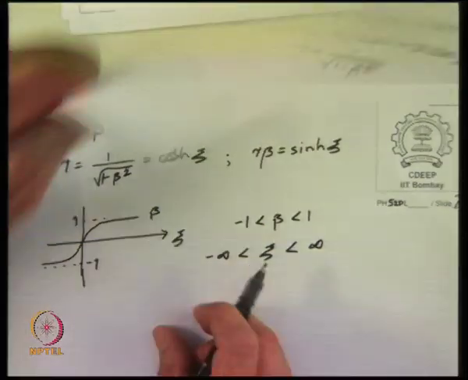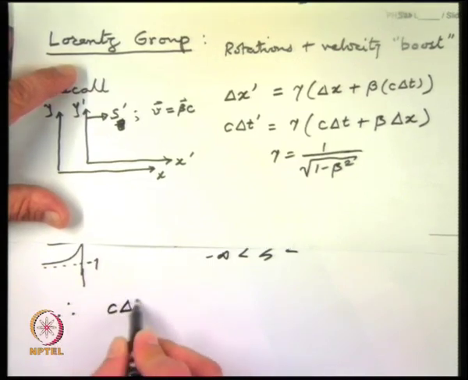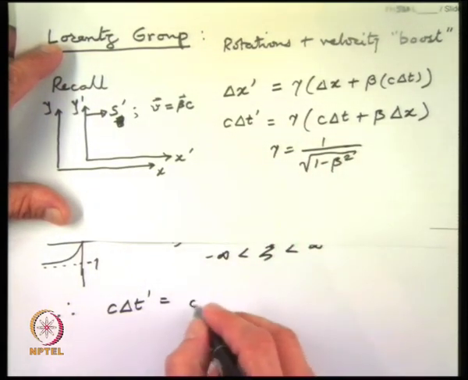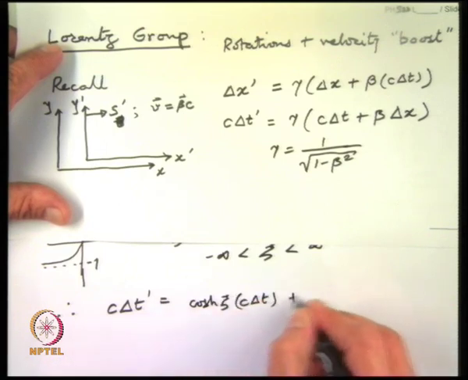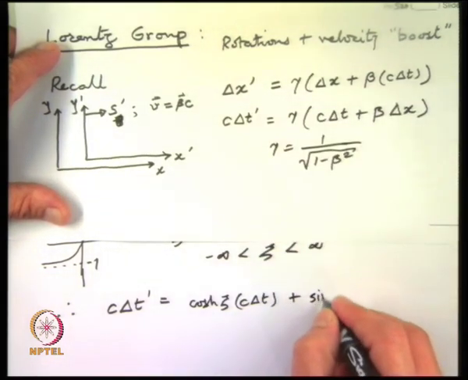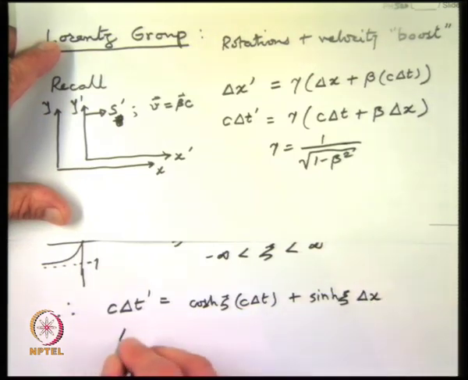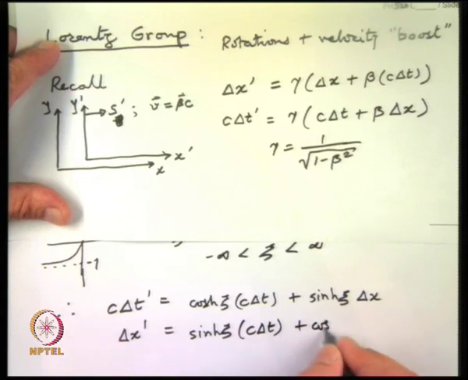Therefore, if we now come back to these, we can recast them as C delta t prime equal to gamma times this, which becomes cosh psi times C delta t, plus gamma beta, which is sinh psi, times delta x, and delta x prime becomes equal to sinh psi times C delta t plus cosh psi times delta x.